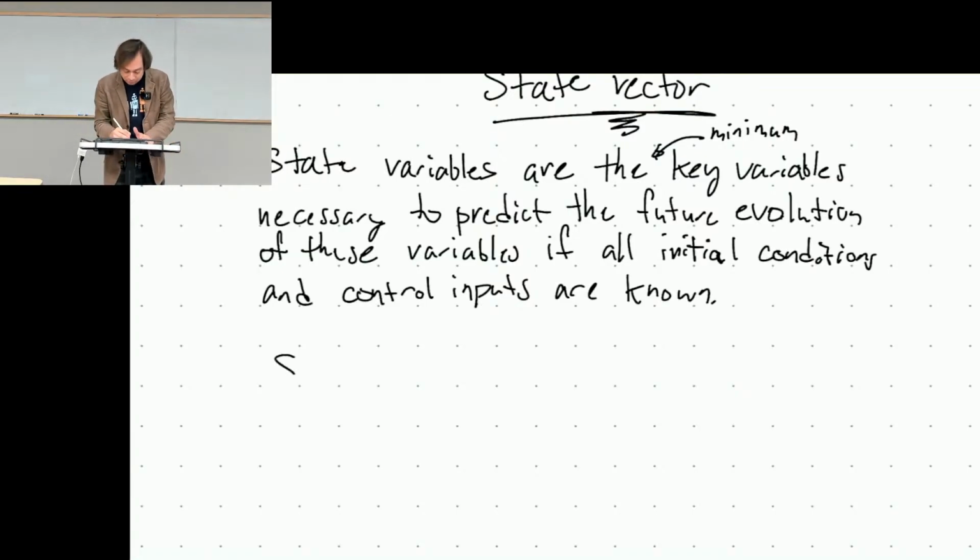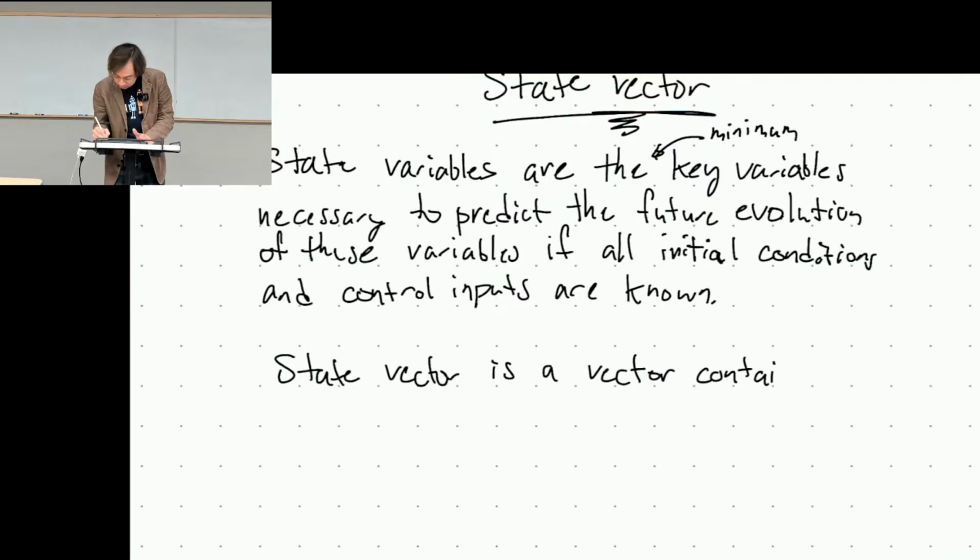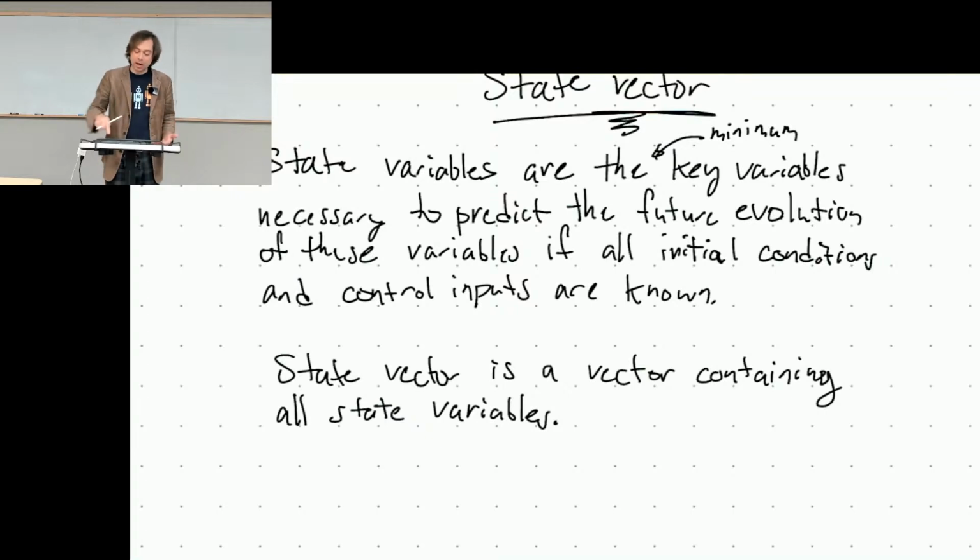So a state vector is a vector containing all state variables. Gesundheit. All state variables. Okay, I'm going to go scroll back up.